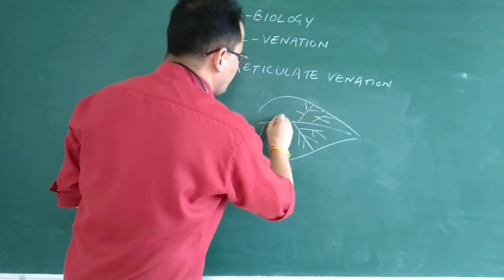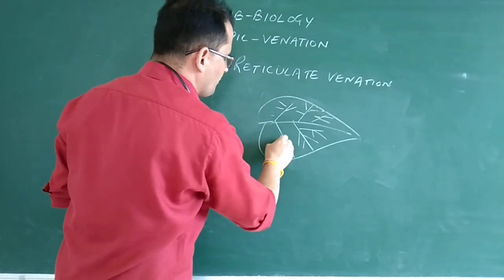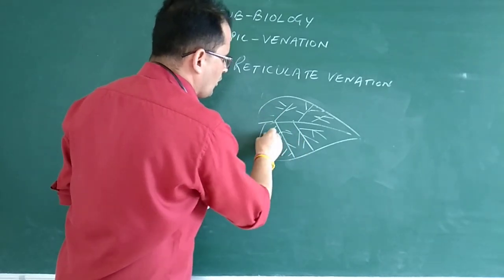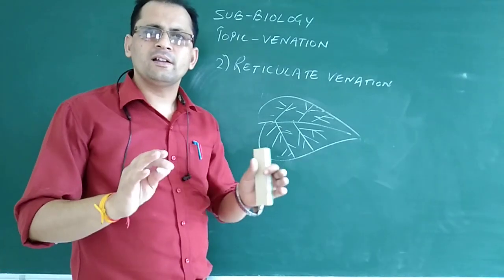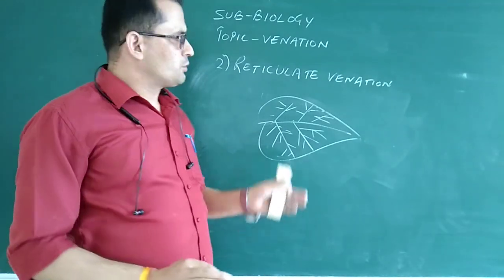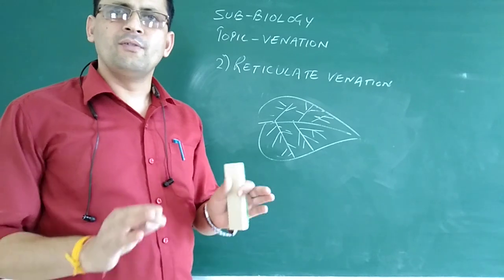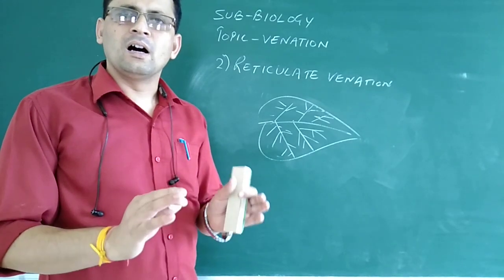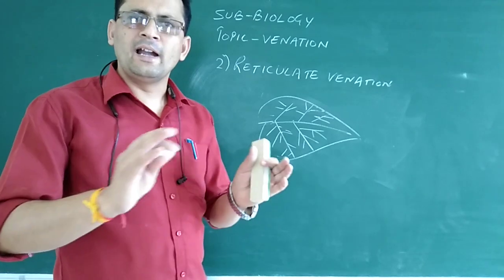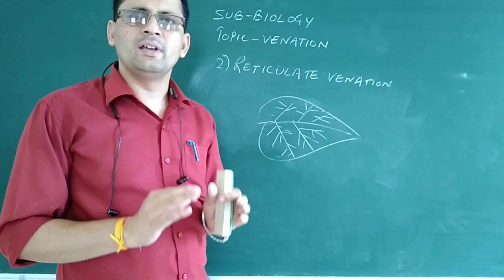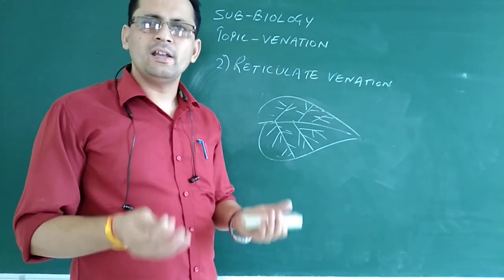You can see the veins are not parallel, but they are irregularly distributed over the entire surface of the leaf. Such a type of venation in which the veins form a network over the entire surface of the leaf is known as reticulate venation.